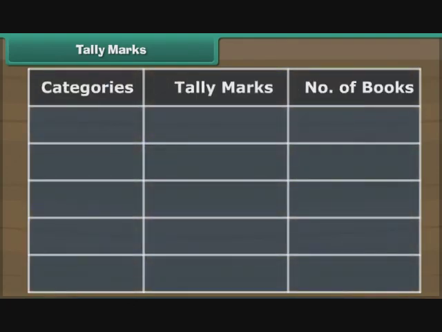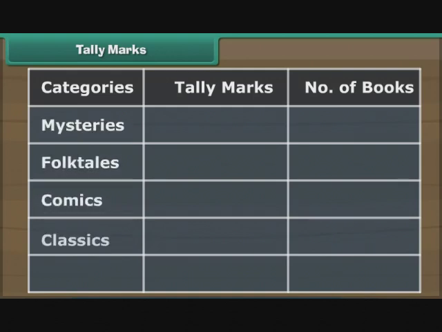Tally marks. Now let us organize Ravi's data with the help of tally marks. Make 3 columns: categories, tally marks and number of books. Write down the 5 different categories under the categories column.